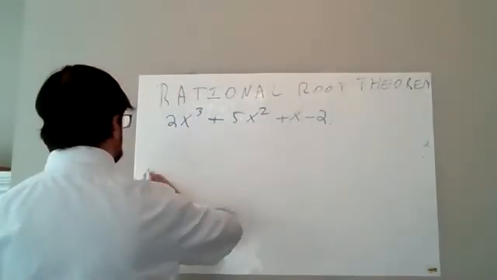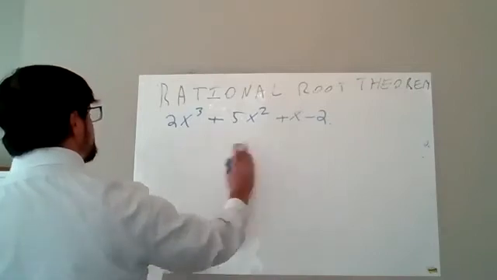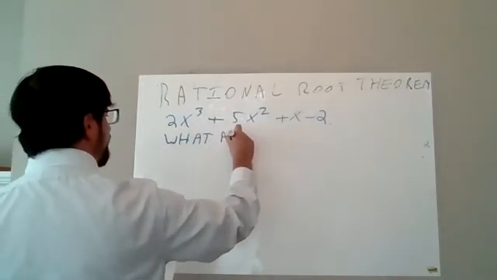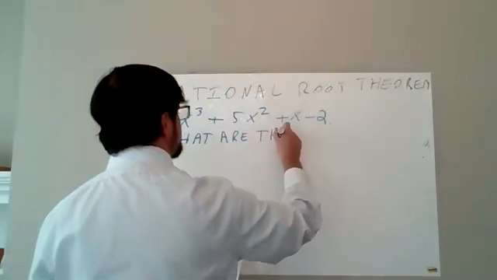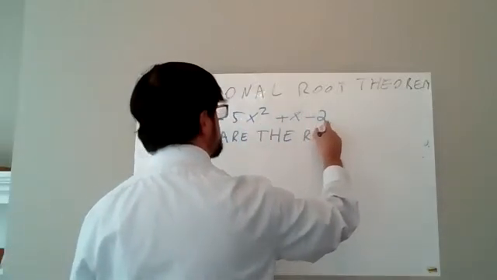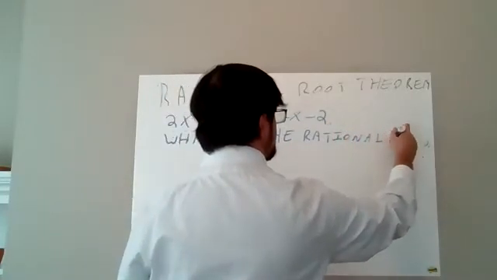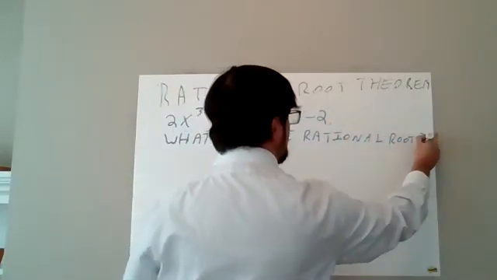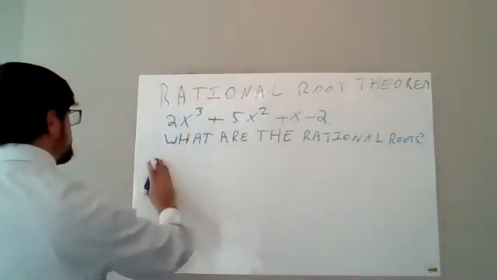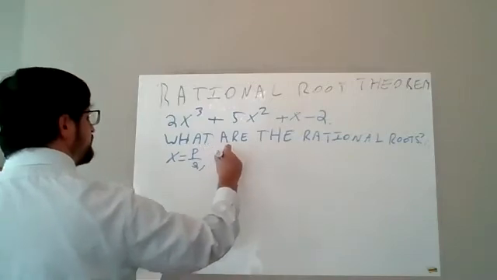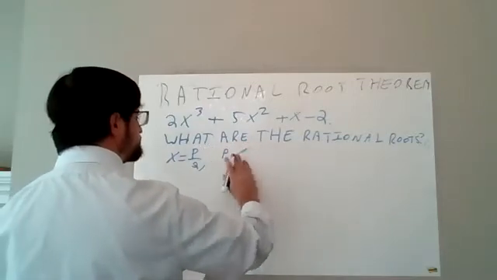So we want to know what the rational roots are. Well, we'll assume x equals p over q, with p and q in lowest terms.